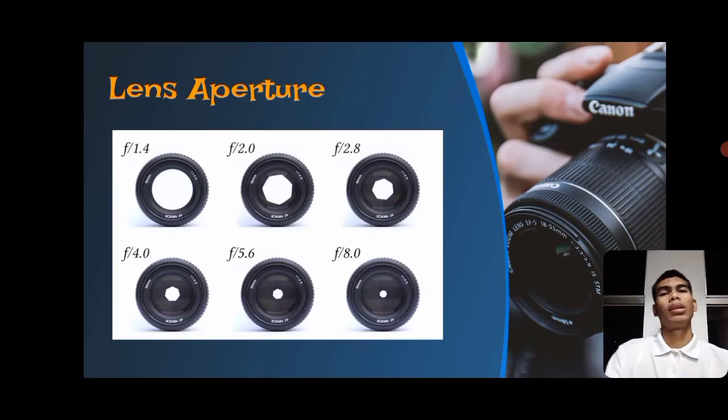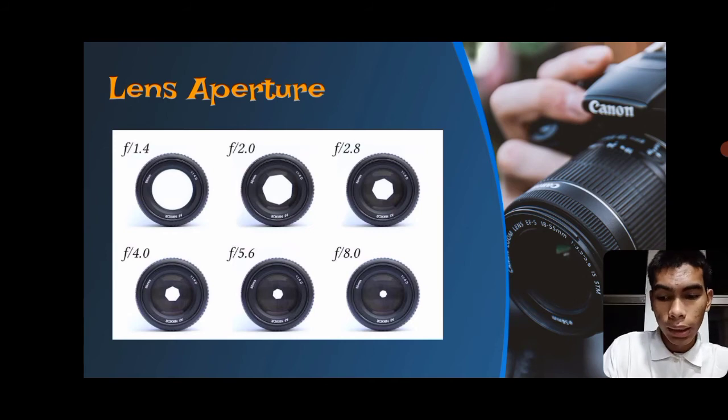The next is lens aperture. Lens aperture is the ratio between the diameter of the lens in relation to the focal length of the lens.